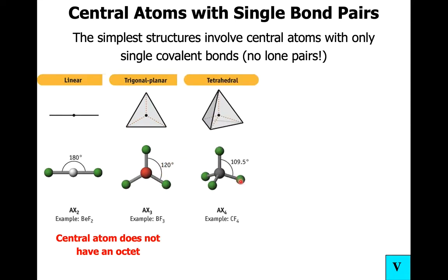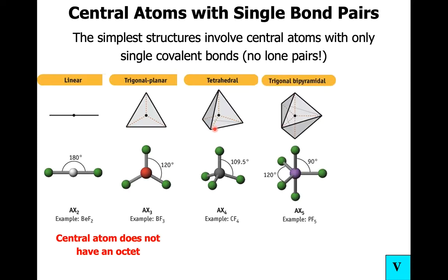The next, maybe kind of weird shape, is tetrahedral. The central atom is right here, and the fluorine-carbon-fluorine bond angle is 109.5 between those. You can also visualize it within this little pyramid, the central atom in the middle and the fluorines on the corners of the pyramid.